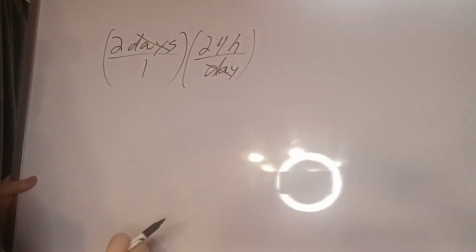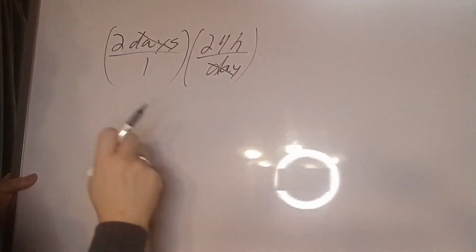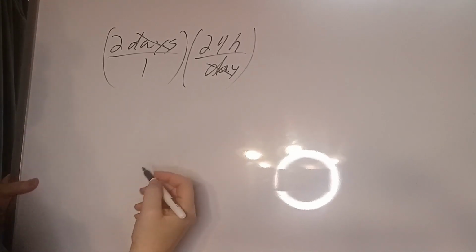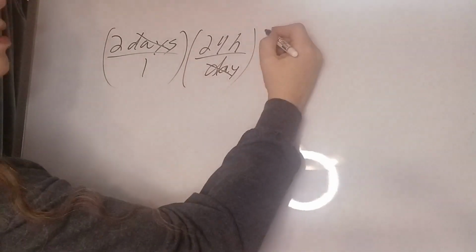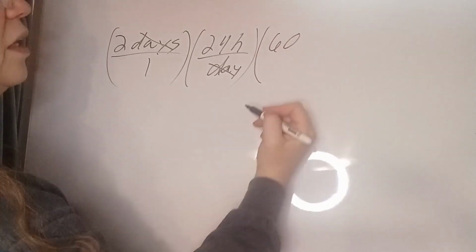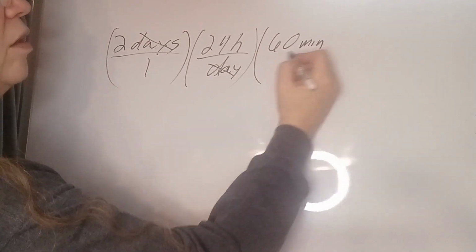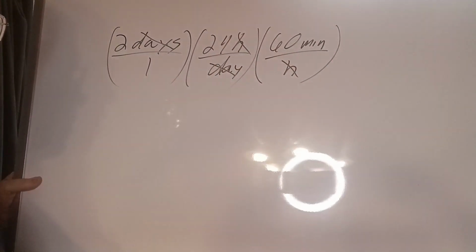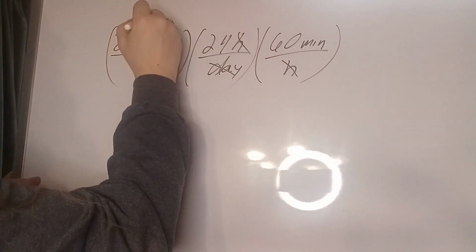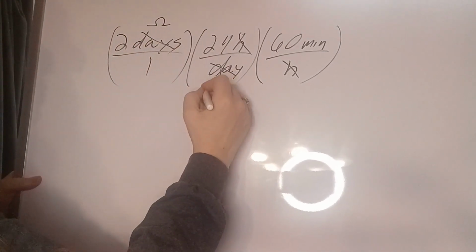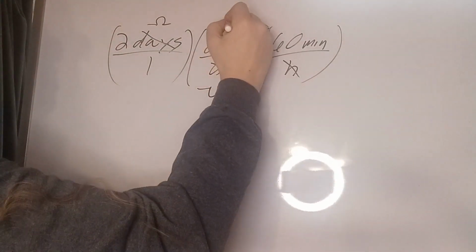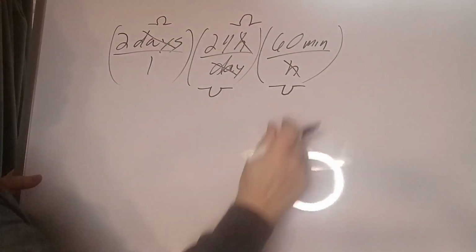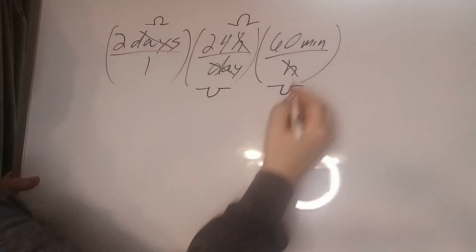If I was to multiply this out, I'd have 48 hours in 2 days, right? But we don't want hours, we want minutes. So let's multiply times 60 minutes per hour. You can cancel out the hours. So essentially, this nub went into this hole, and this nub went into this hole. And we just have minutes left.